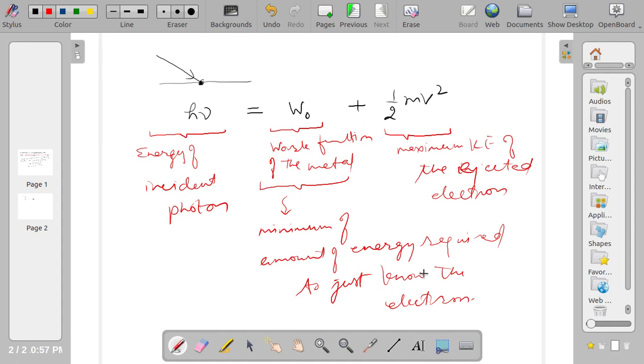The main problem with the classical theory was that it was not able to explain the instantaneous emission of electron, but the assumption of Einstein's theory automatically explained the instantaneous emission of electron, right? So that is the main advantage of this theory.